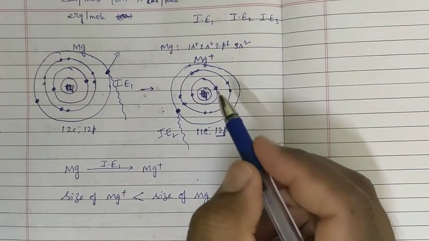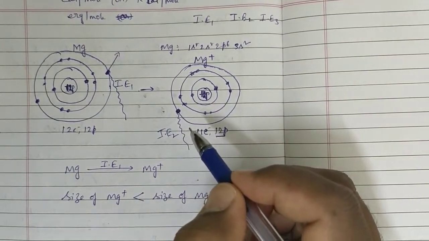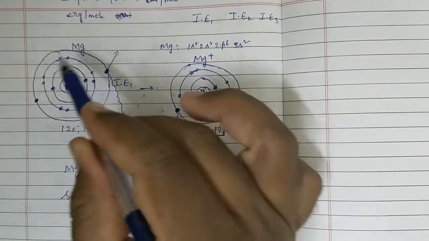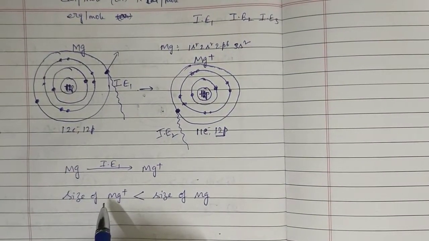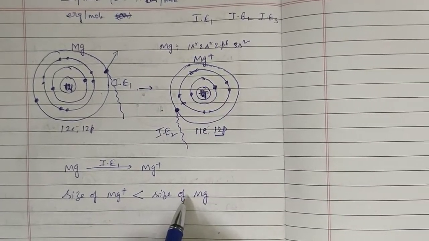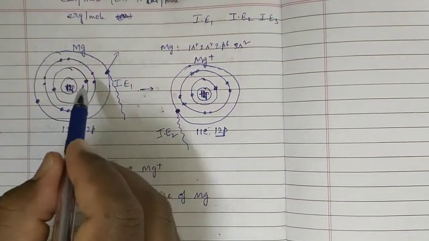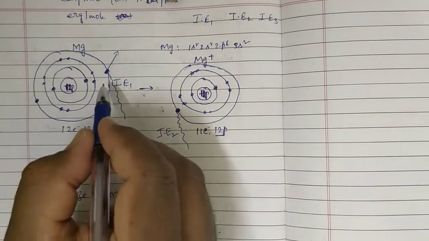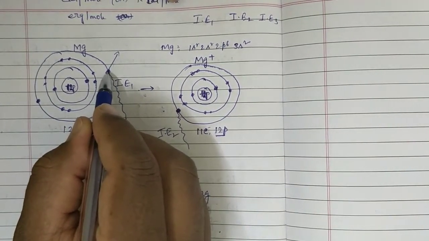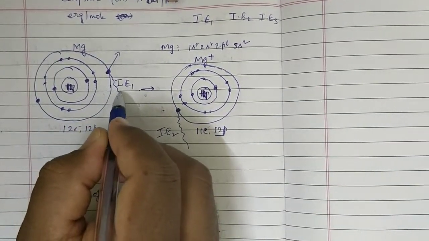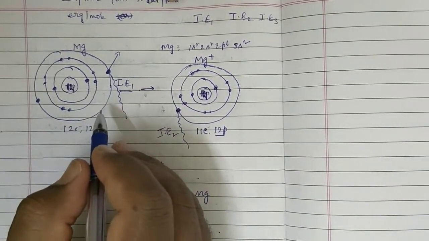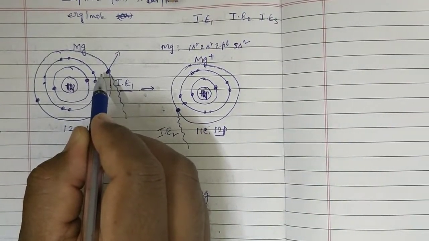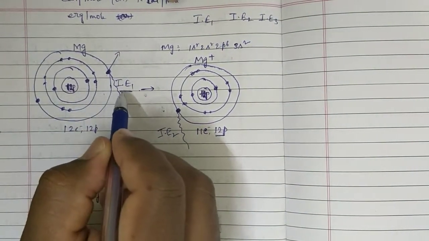Is it correct? But the problem is here, previously we removed the electron from a big atom. I told you size of Mg plus is smaller than size of Mg. So Mg is bigger than Mg plus. Electron present in magnesium can be removed easily. That's why IE1 is less, because attraction is less between nucleus and outermost electron. So we can remove the electron easily and IE1 is less.